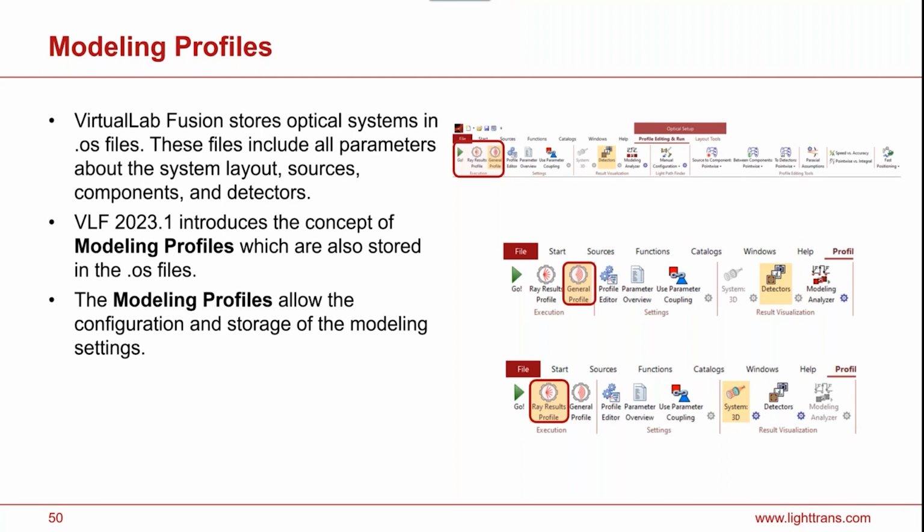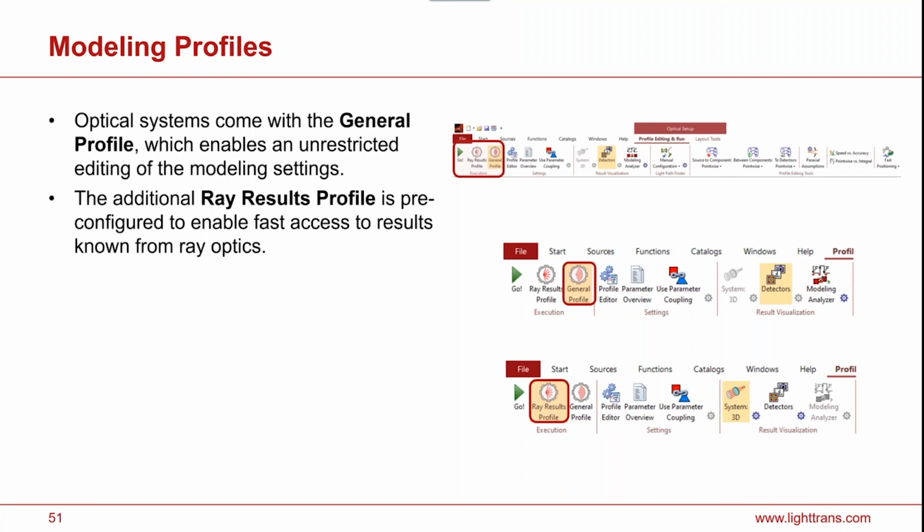So it is defined there with all the parameters you have there, and now we have given the modeling itself profiles. In the first version now, we have added 2 profiles which can be stored with the system, and you can configure them, and then the system can be modeled in 2 ways which are stored in the modeling profiles the system comes with. And in this version, we have added what we call a general profile.